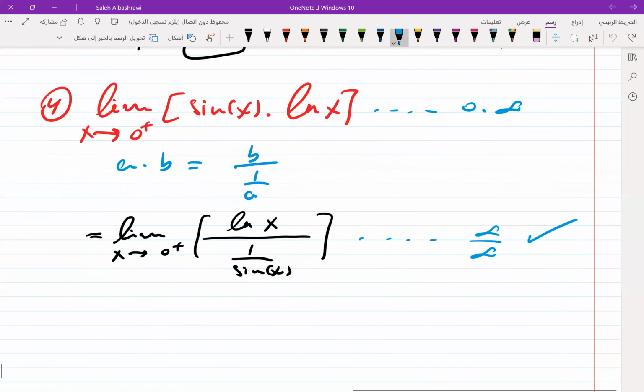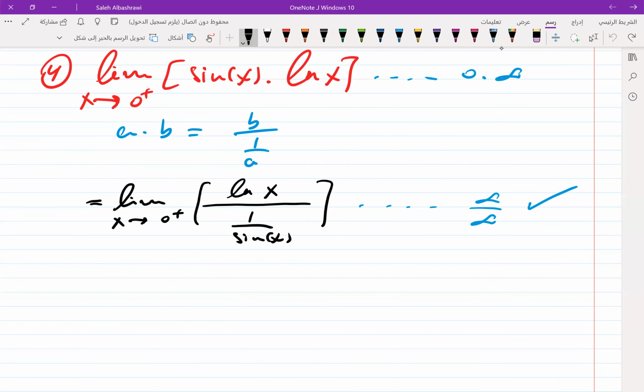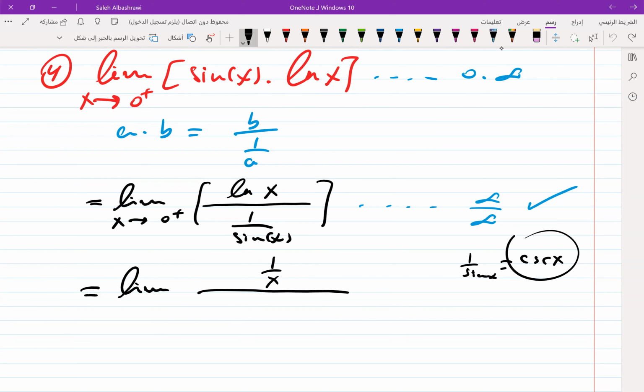So by L'Hôpital's rule, we differentiate. The derivative of ln x is 1 over x. 1 over sine is equal to cosecant x. The derivative of cosecant x is minus cotangent x multiplied by cosecant x, as x goes to 0 plus.